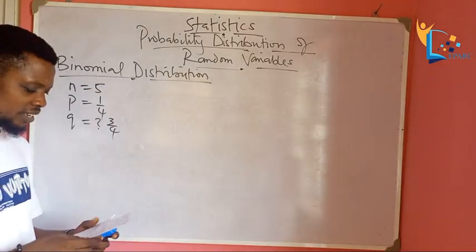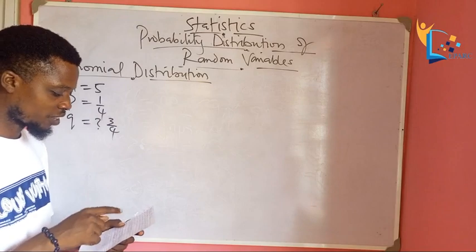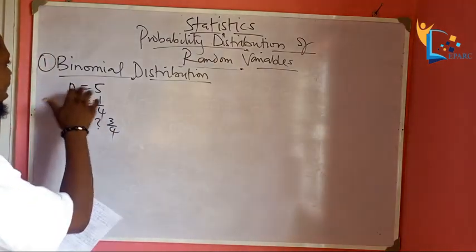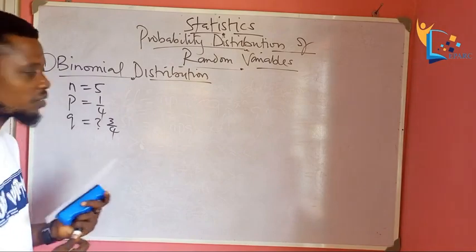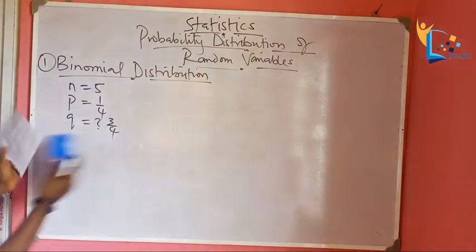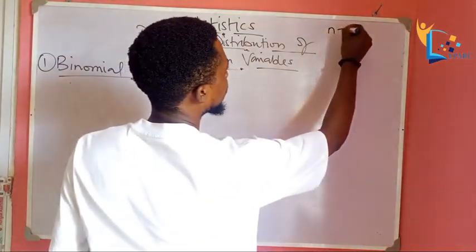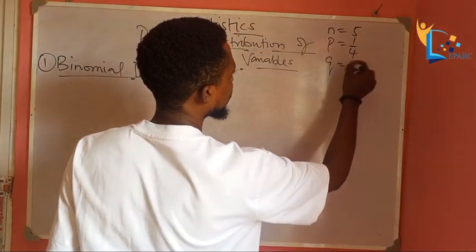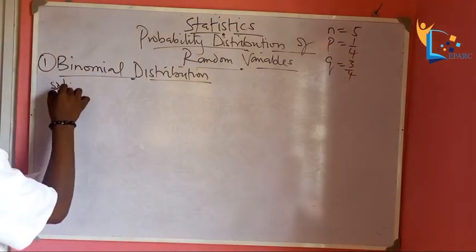Then 1/4 of accounts found to contain errors in a batch of 5. So we have N equal to 5, P equal to 1/4, and Q equal to 3/4. So let's solve. Let me write this here. N equal to 5, P equal to 1/4, Q equal to 3/4. Now, solution.